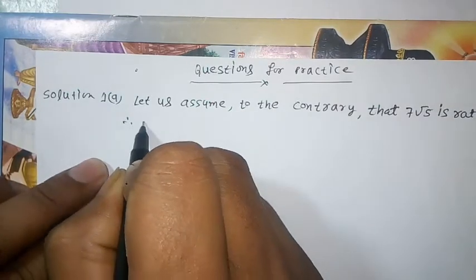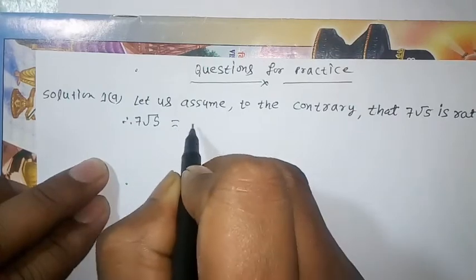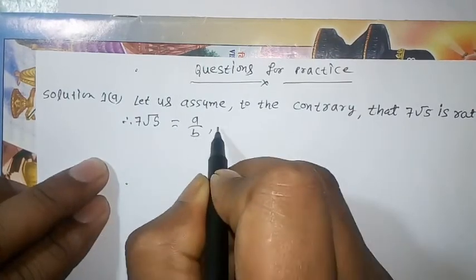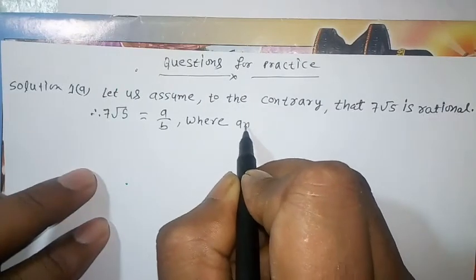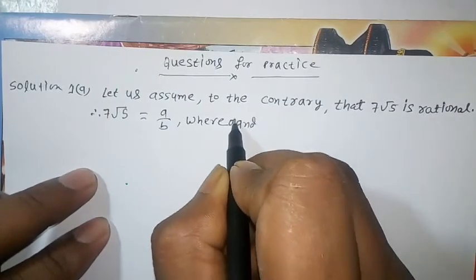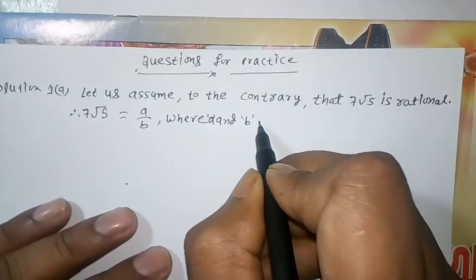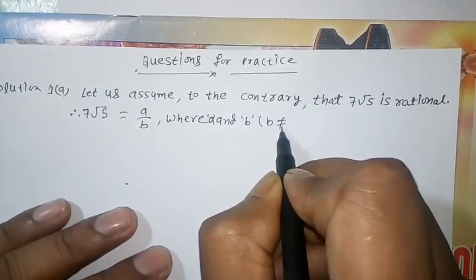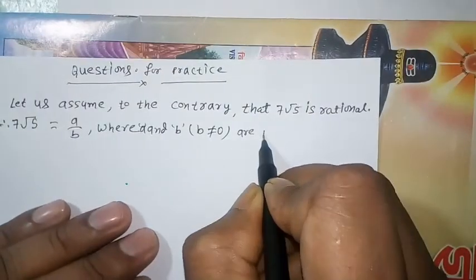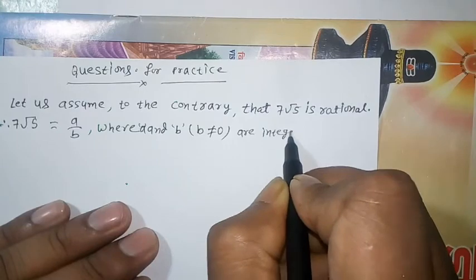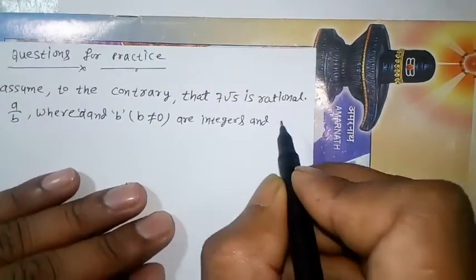Therefore 7 root 5 is equal to a by b, where a and b, b does not equal to 0, are integers and co-prime.